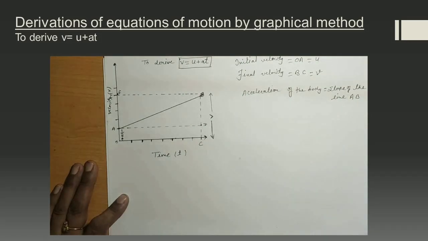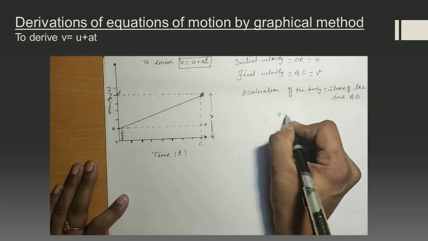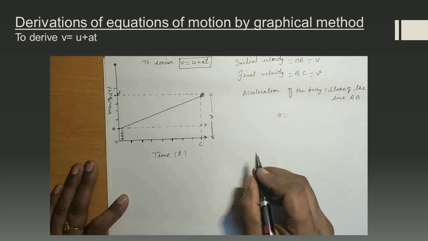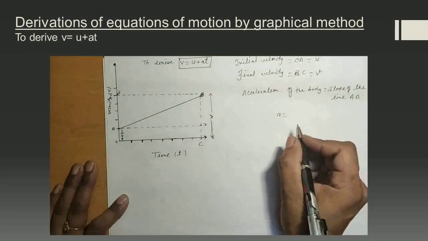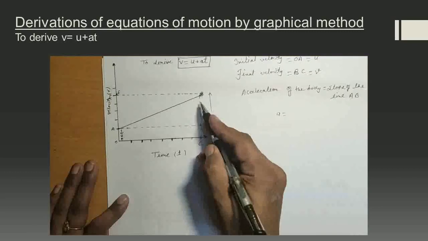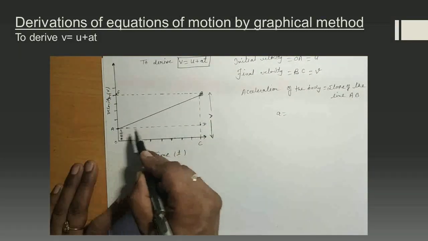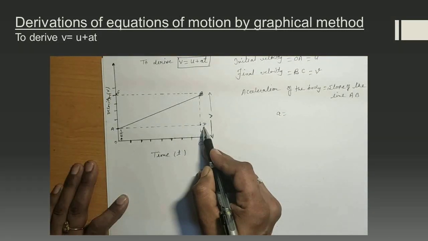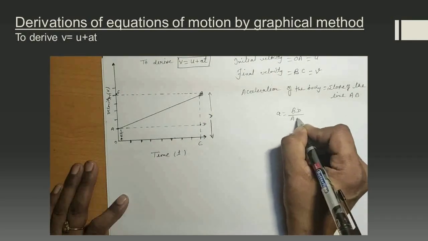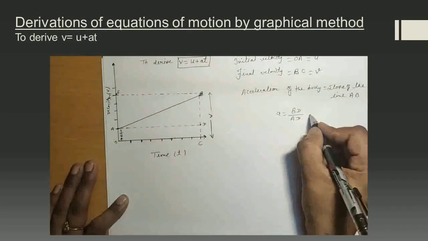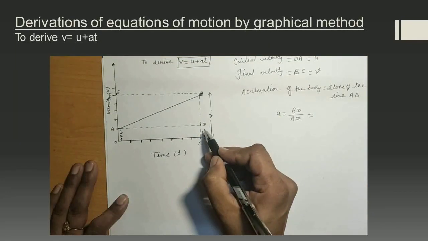AB. Got it? So here we can write acceleration a is equal to, as we have seen in the velocity-time graph, BD upon AD. So we can find the value of BD.